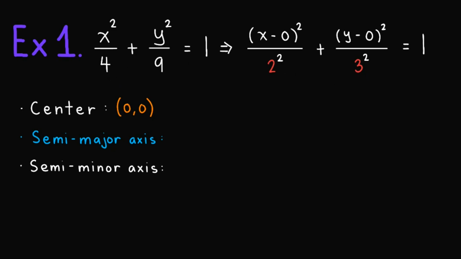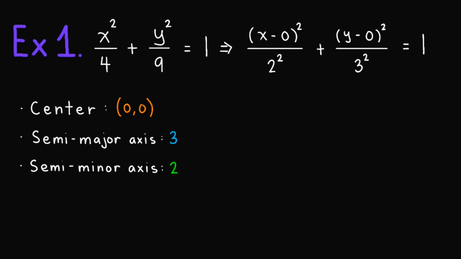Since we are dealing with the semi-major axis, we take the larger one between these two, and that would be 3. So the semi-major axis is 3 units. Next, for the semi-minor axis, we just take the other one, which is 2, so we have 2 units. That is the length of the semi-major and semi-minor axis respectively.